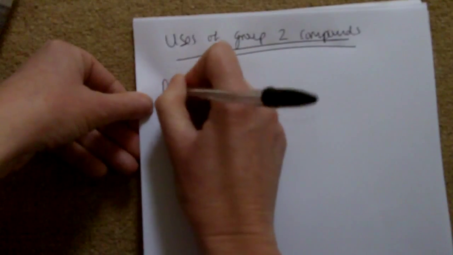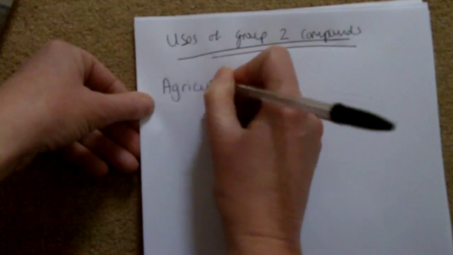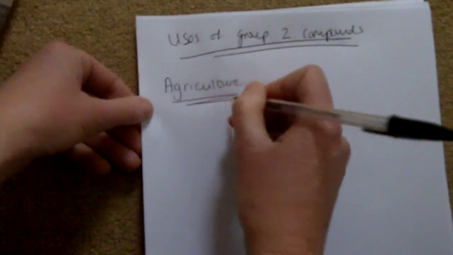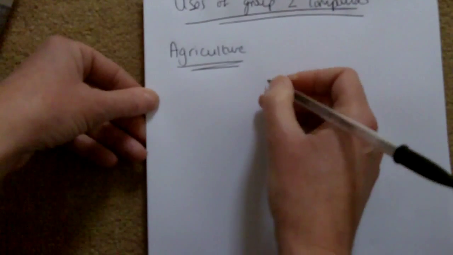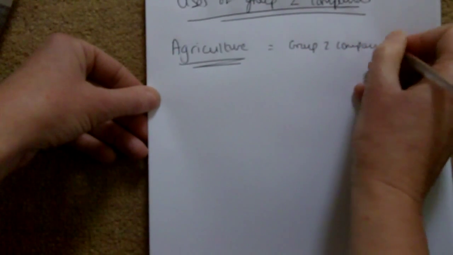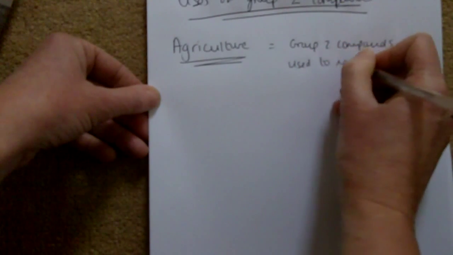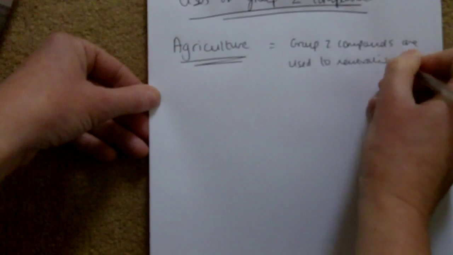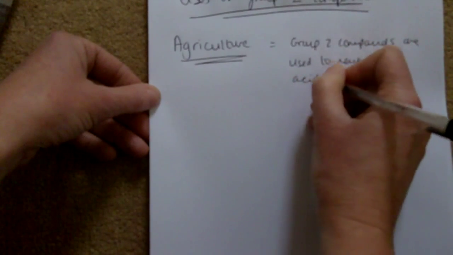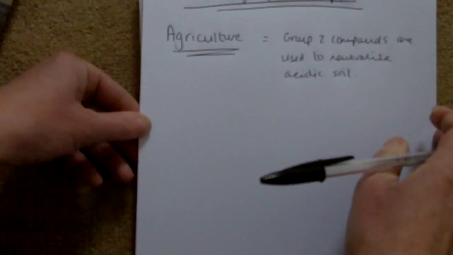So one of the main uses is in agriculture, in farming. Group 2 compounds are used to neutralize acidic soil. So it puts it on the soil to make it less acidic.